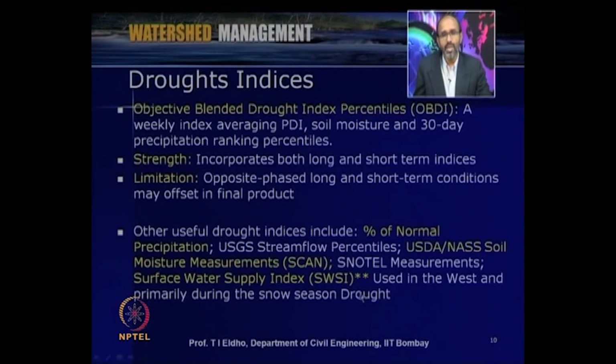This is generally used in the western US, primarily during the snow season drought, wherever snowfall is there. Like this, in the literature we can see a number of drought indices for drought analysis, but commonly used drought indices include the Palmer drought index and the standardized precipitation index.